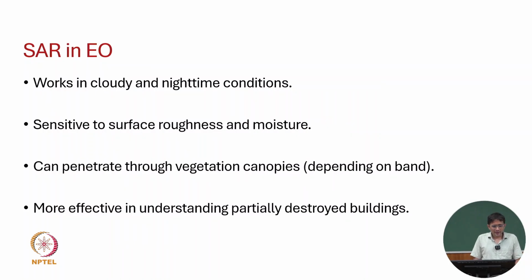So why is SAR valuable in Earth observation? As I already mentioned, it works in cloudy and nighttime conditions. So this makes it really useful for particular application scenarios. I remember specifically one example when the Ukraine conflict started in 2022.